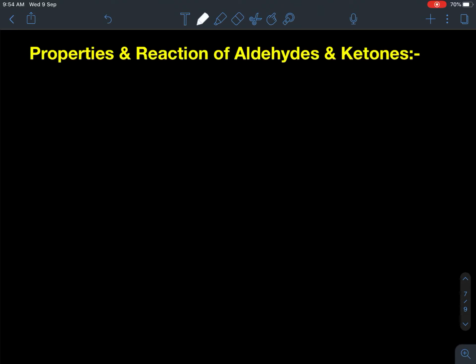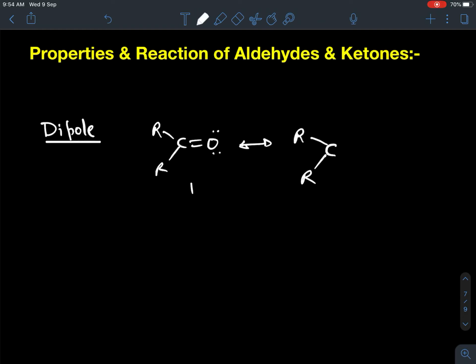Now one thing is very clear: the structure of aldehyde and ketone contains a double bond to O. If I consider it like this, RCR double bond O, then we can draw its possible resonance structure, although that is not as stable as the very first one, but yes, this is again a possible structure.